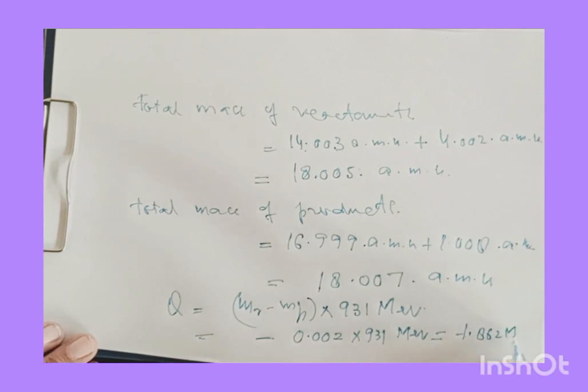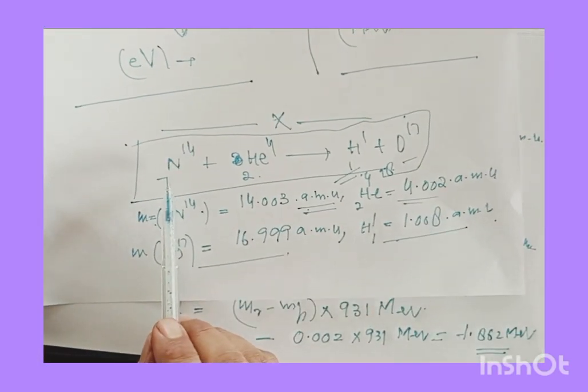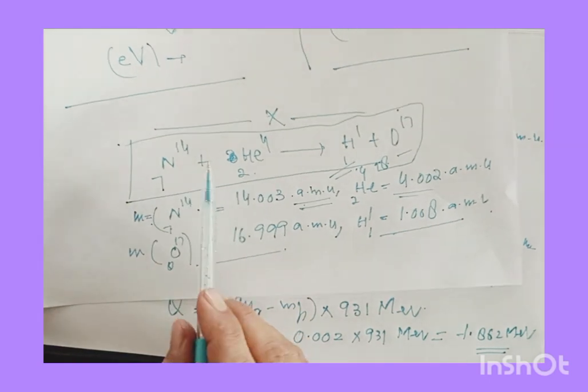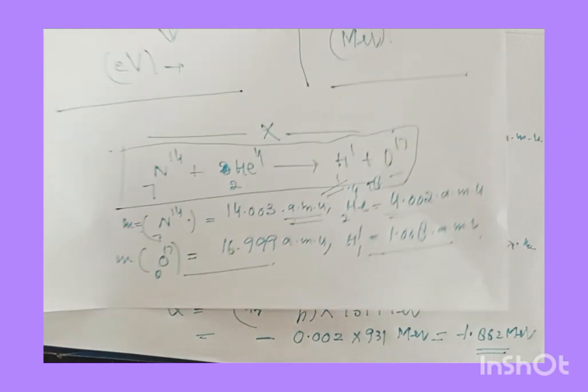and this will give us nearly minus 1.862 mega electron volts. So the negative sign is an indicator of the fact that this reaction will not take place by itself. What you have to do is hit this nitrogen nucleus with an alpha particle whose energy has to be 1.862 mega electron volts.